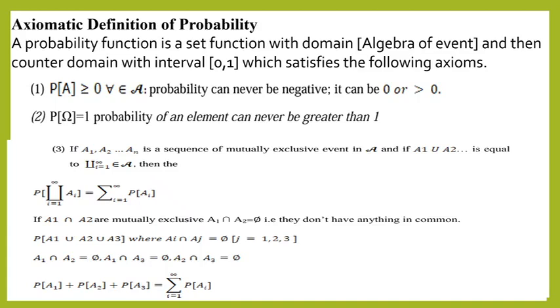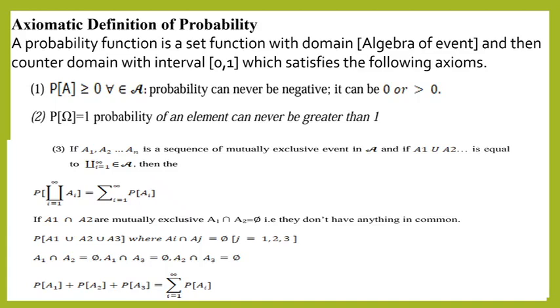Probability of A is greater than or equal to 0 for all A in the algebra, which means probability can never be negative. It can be 0 or greater than 0. That is the axiom of non-negativity.